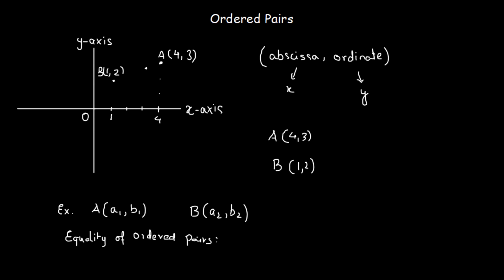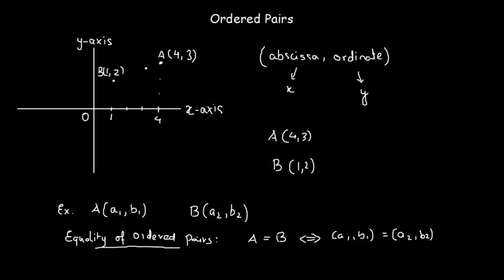What does it mean? This means that the two points A and B coincide, that is, point A is equal to B. So that will say that the coordinate point (A1, B1) is equal to (A2, B2).